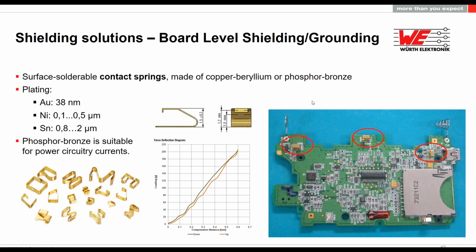These are flexible, so when you place one on a PCB, then you can make contact directly with the other PCB, and you have a very good low impedance connection. They are normally made of copper beryllium or phosphor bronze with a plating. The second one is better for power transmission.